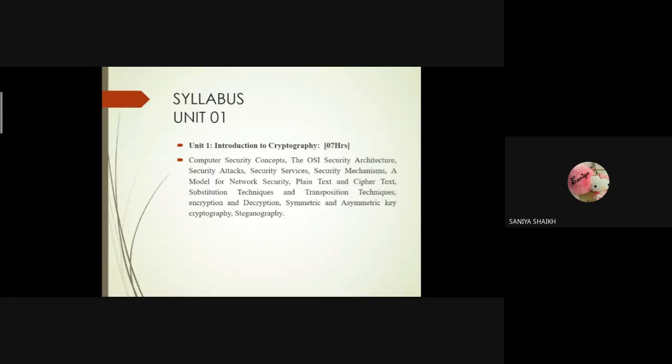If we study security related concepts, we have to know various basic things. What is the need of security, what are the various concepts of computer security. In order to develop computer security, we need to study various architectures. The most common application of network security is the OSI security architecture.